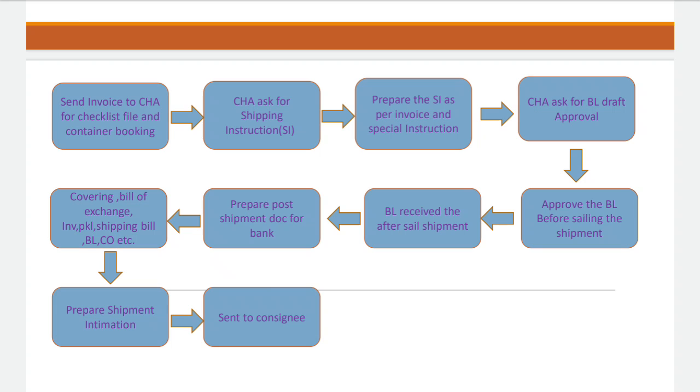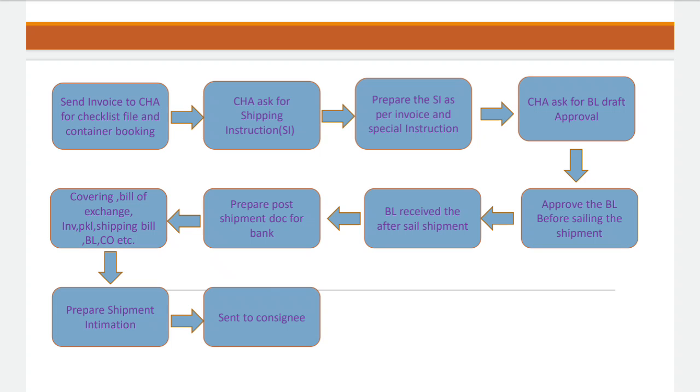Just like our factory in Gujarat, we will contact a CHA which provides its facility near Gujarat, so the customs clearance process will be done smoothly. After that, our goods are packed and stuffed in the container.